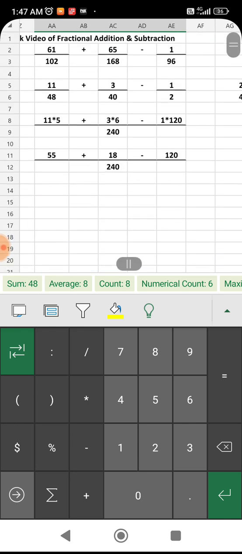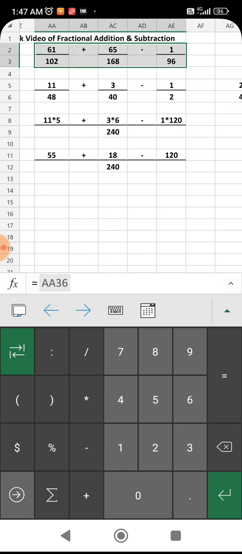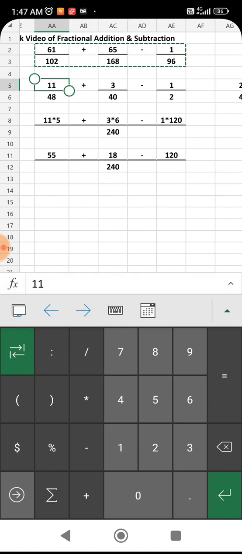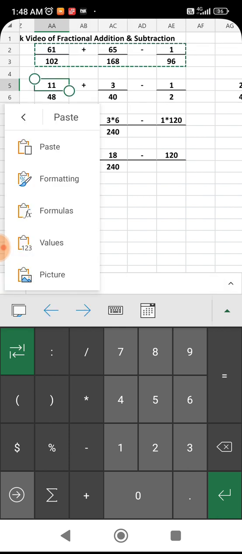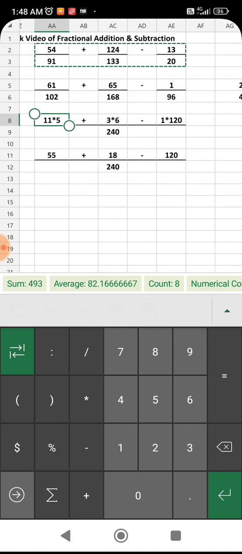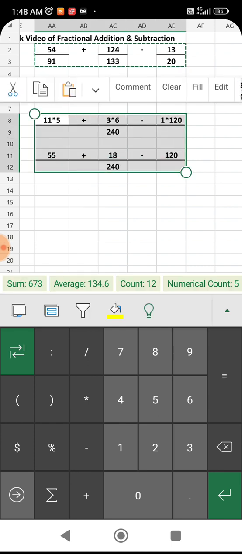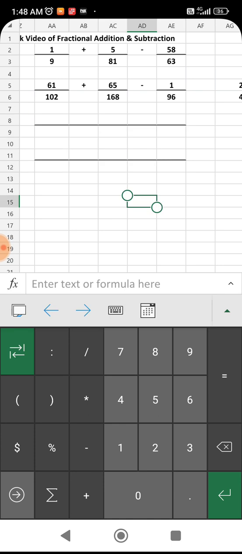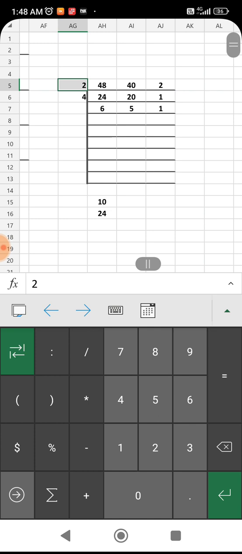If you think no, I should take a top number, okay, I am taking this top number. So I am clearing it.